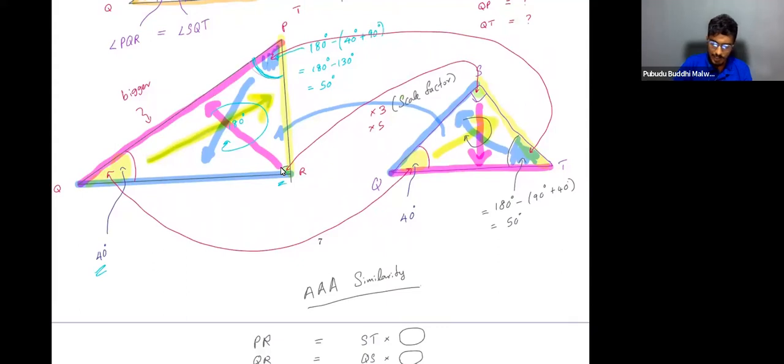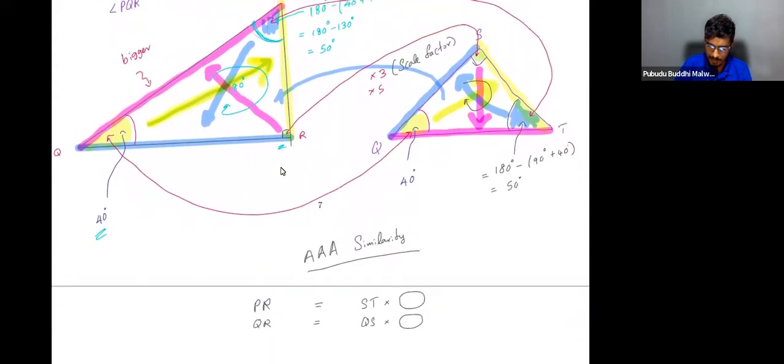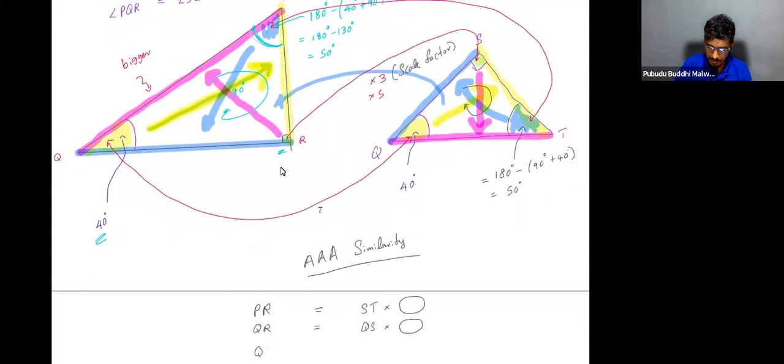So we can write QP equals, that's the bigger length, equals to what? QT, that's the smaller length, times that exact same value. Here, these three values are not different, distinct values. These three values are basically the same.